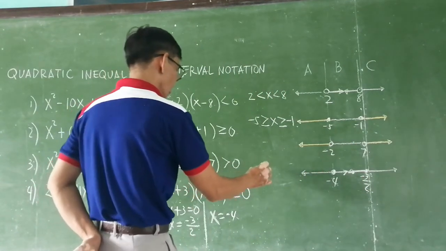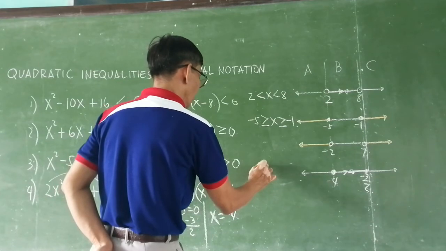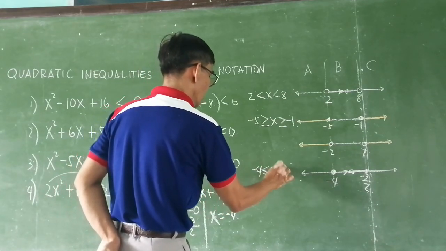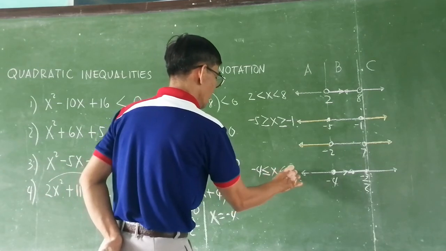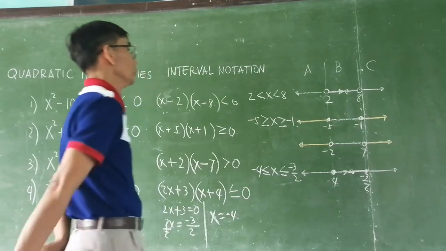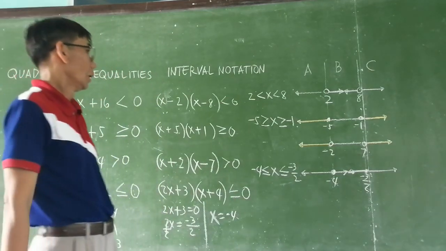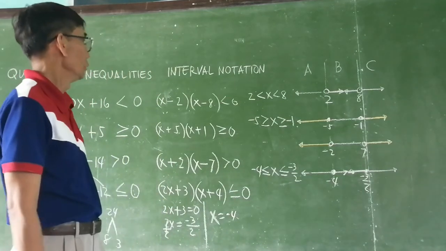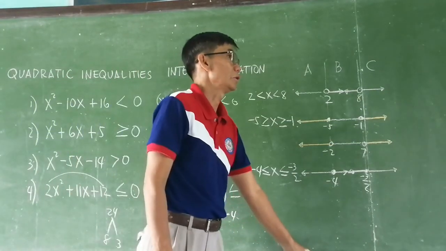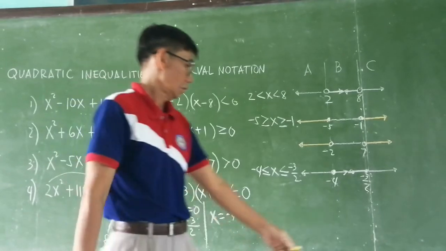Okay? And we can write the notation as negative 4 is less than or equal to x, and x is less than or equal to negative 3 over 2. So that's how to write the interval notation for your solution in the quadratic inequalities.